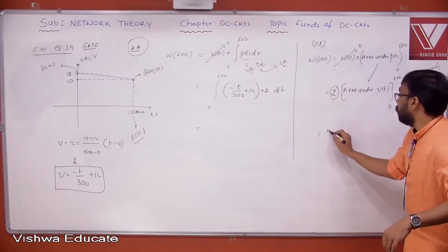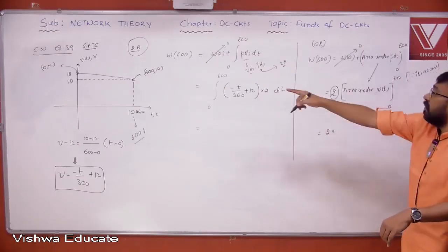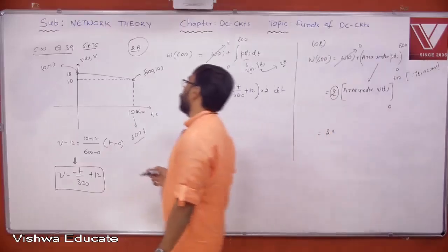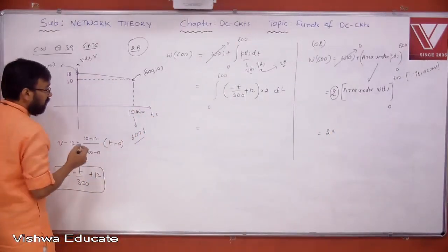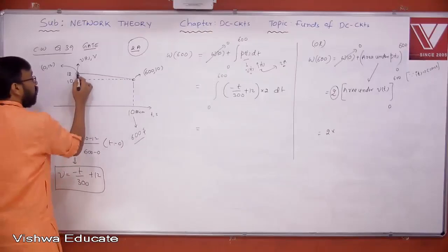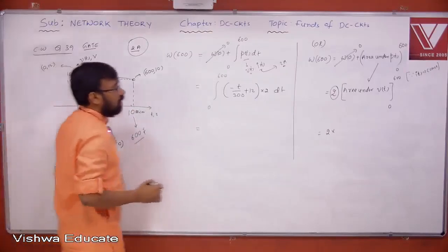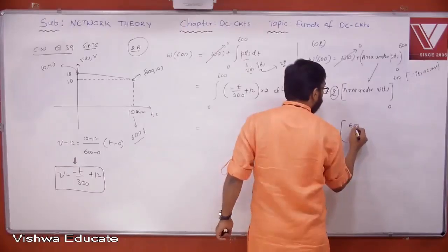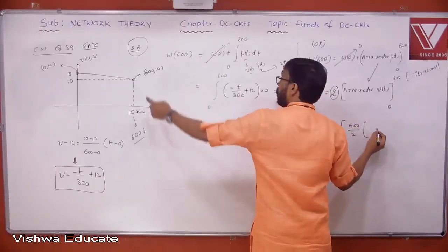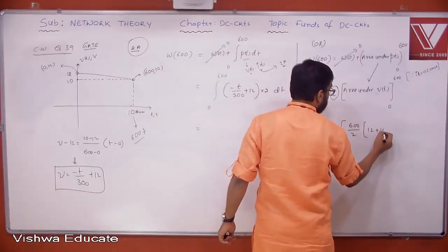You can look at this now. 2 into area under V of t. Again, it is a trapezoid. What is the height? 600. What is A? 12. What is B? 10. So therefore, 2 into h by 2, that is 600 by 2, into A plus B, 12 plus 10.